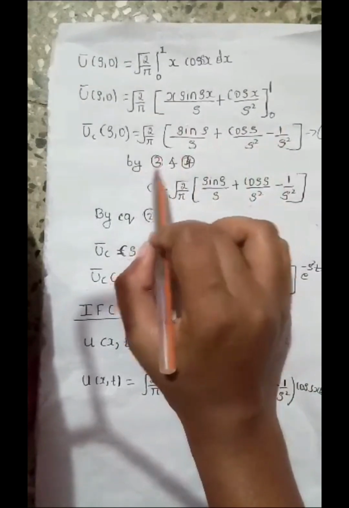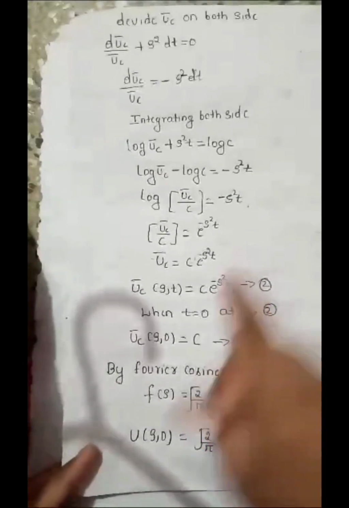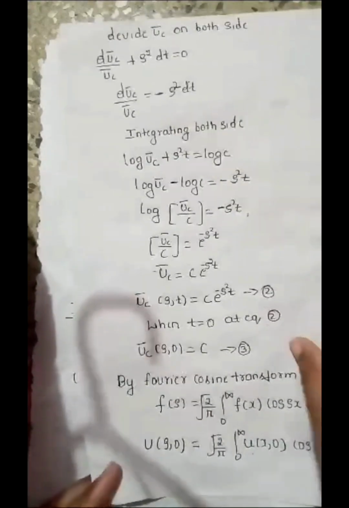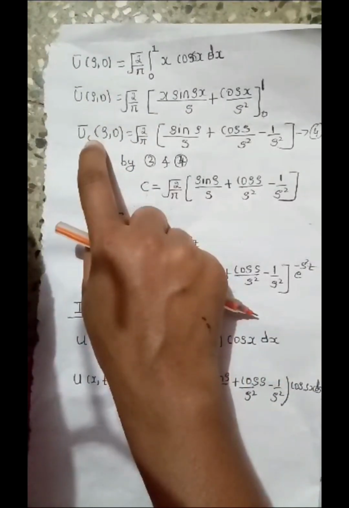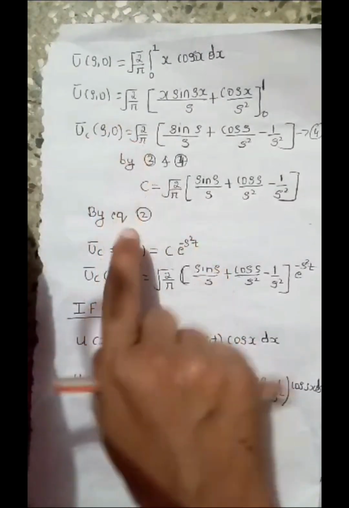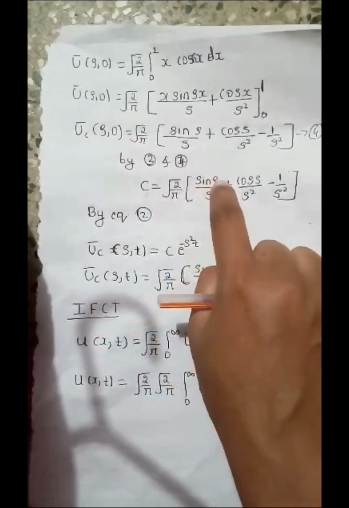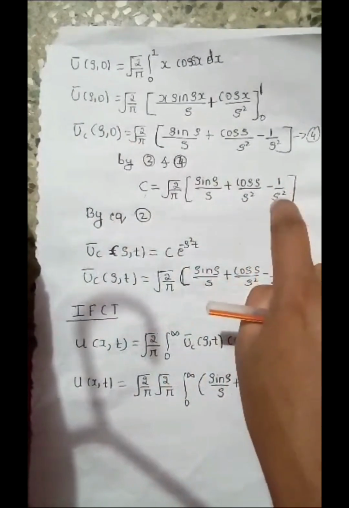So by 3 and 4, we already know 3 is nothing but this equation. So ū_c(s, 0) will be equal to c. In this place, we have to substitute c equals square root of 2 by pi into sin s divided by s plus cos s divided by s² minus 1 by s².